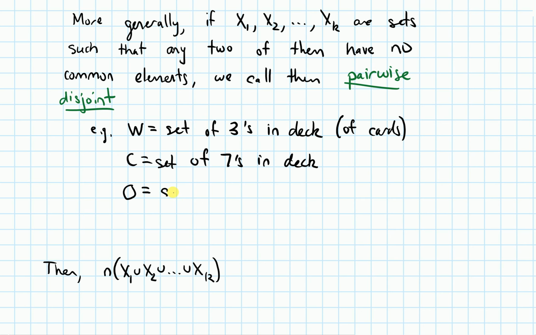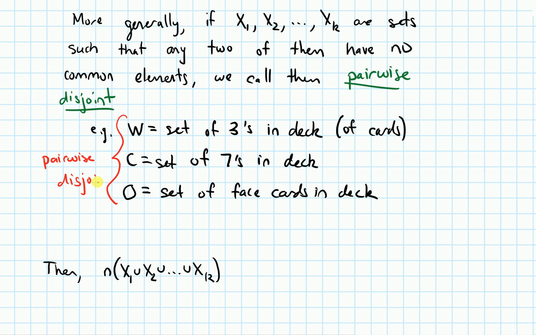Let's say that this is the set of face cards in a deck. So all the jacks, queens, and kings. These three sets, it turns out, are pairwise disjoint. If you look at any two of them, they don't have any overlap.